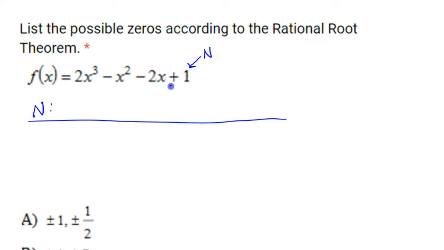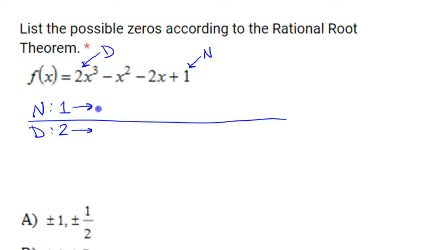All right, my numerators are going to come from here. And my denominators are always going to come from the leading coefficient. So my denominators are going to come from here. Now when I say come from, what I really mean is they're going to be factors of these numbers.